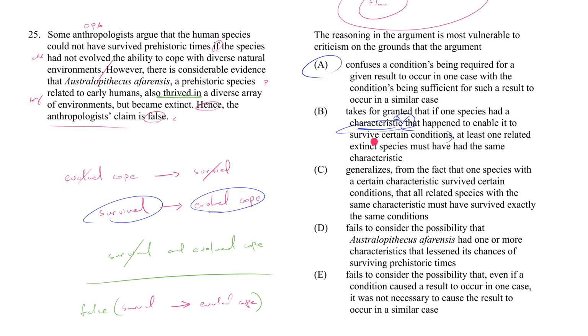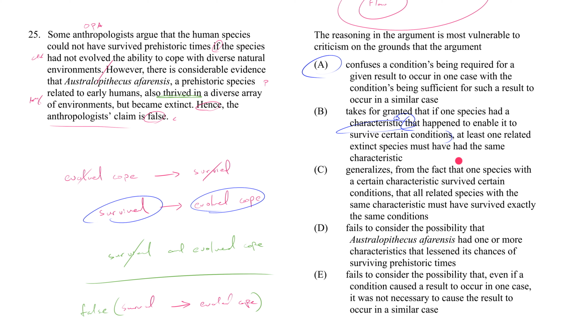Well, it's strange to call this thing a characteristic that happened to enable survival because, in the stimulus, it's not a characteristic that happened to enable survival; rather, this is a necessary condition of survival. We didn't say this thing happened to allow you to survive. We said survival necessitates this.